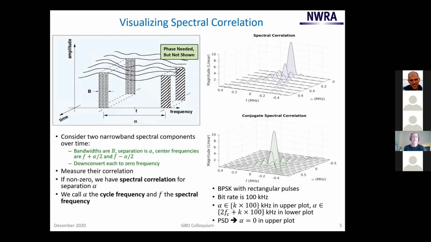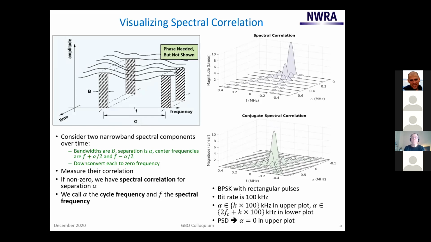And so, fine, we can talk about the correlation between these pairs of narrowband components, but how do we really visualize that? Well, we can graph that correlation value as a surface over an F alpha plane, F being normal spectral frequency, alpha being our cycle frequencies. On the right here, I'm showing such a graph of a spectral correlation function for a very common modulated signal called BPSK, just a binary phase shift keyed signal.